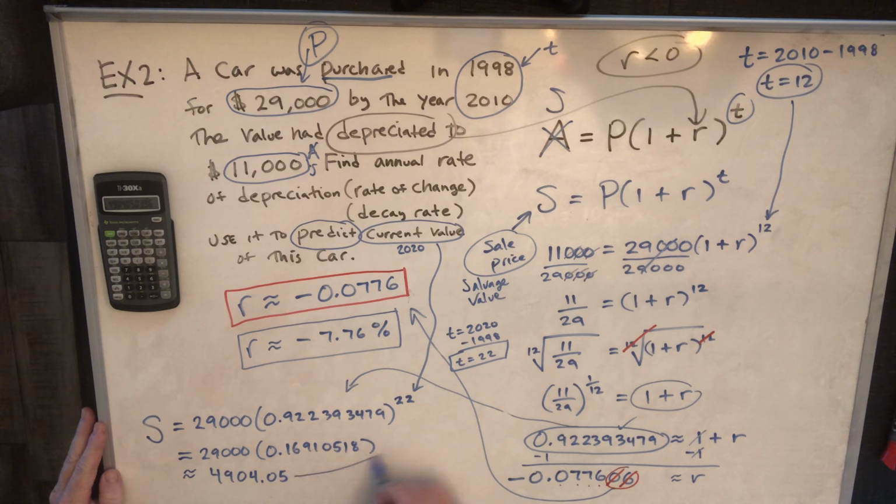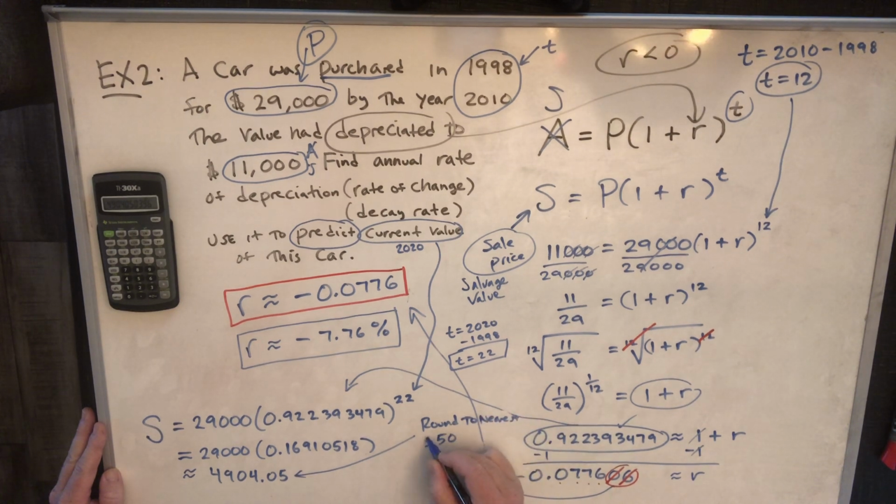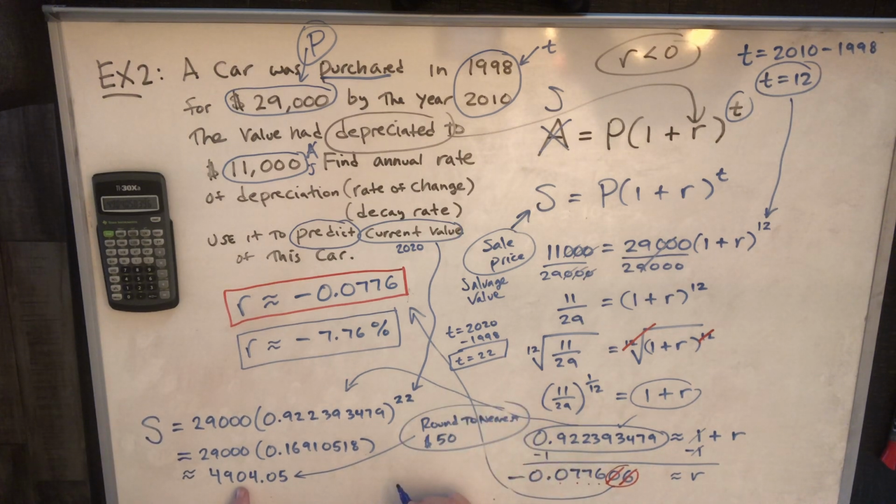For this problem, it's a strange instruction. I want you to round to the nearest $50. So 4,904 would just be $4,900. Rounding to the nearest 50 is a little bit tricky. You use a 25 or greater rule.